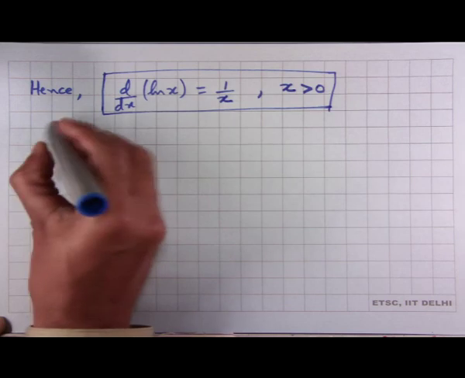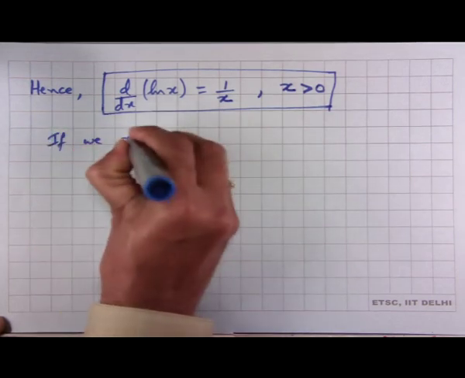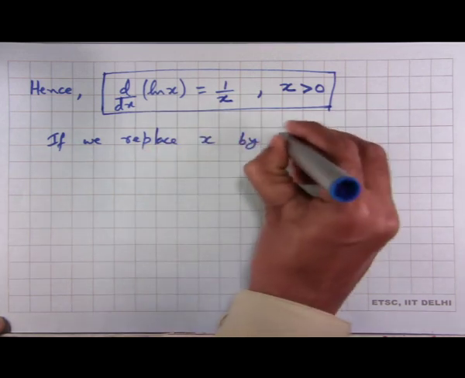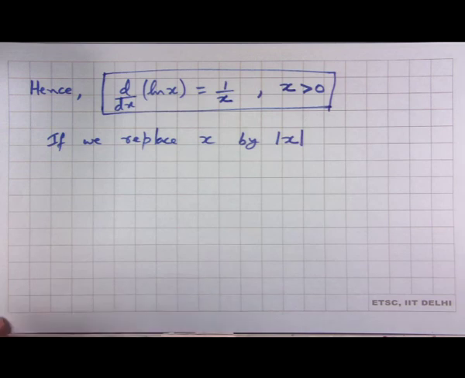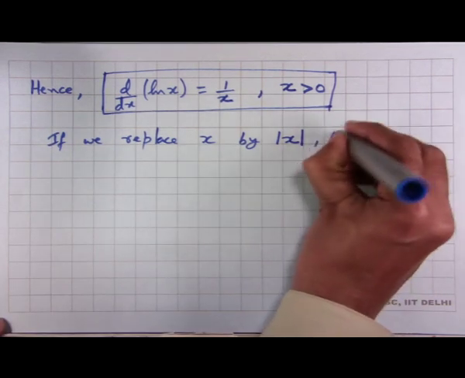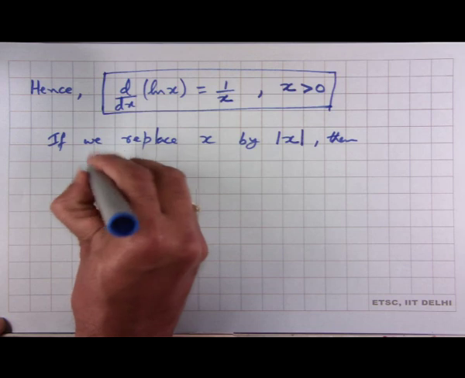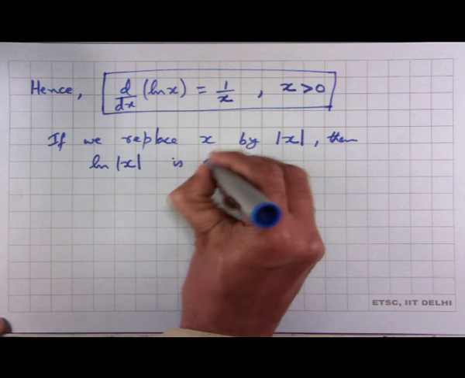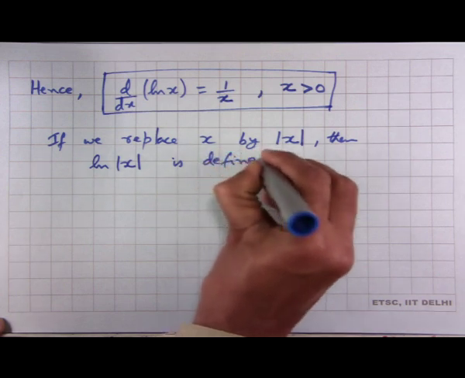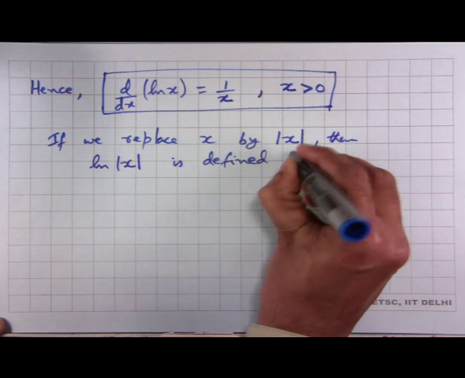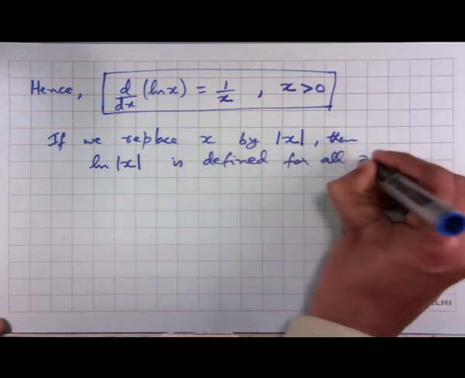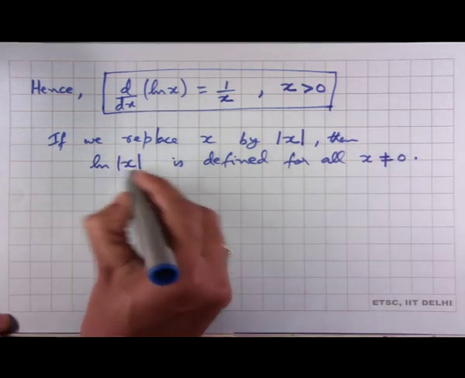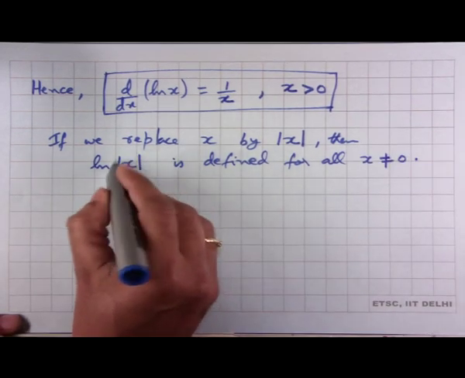We can define also, if we replace x by mod of x, the absolute value of x, then ln of mod x is defined for all x except for 0, because mod x is always a non-negative real number.